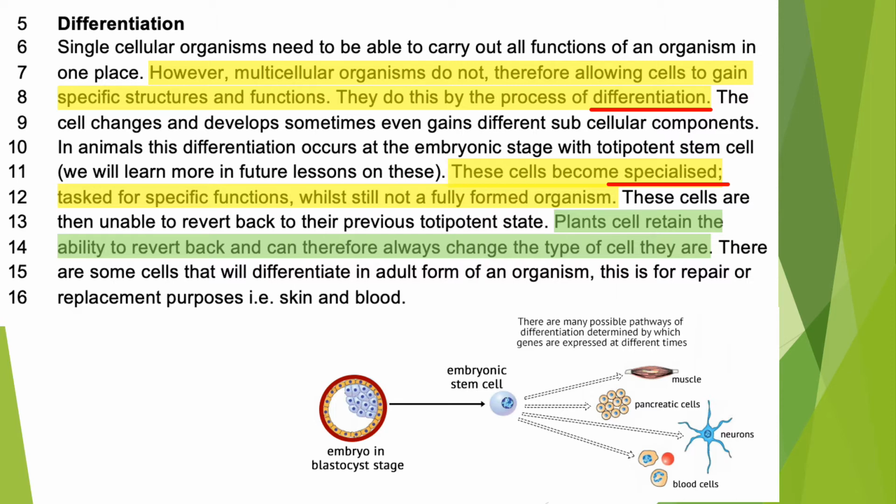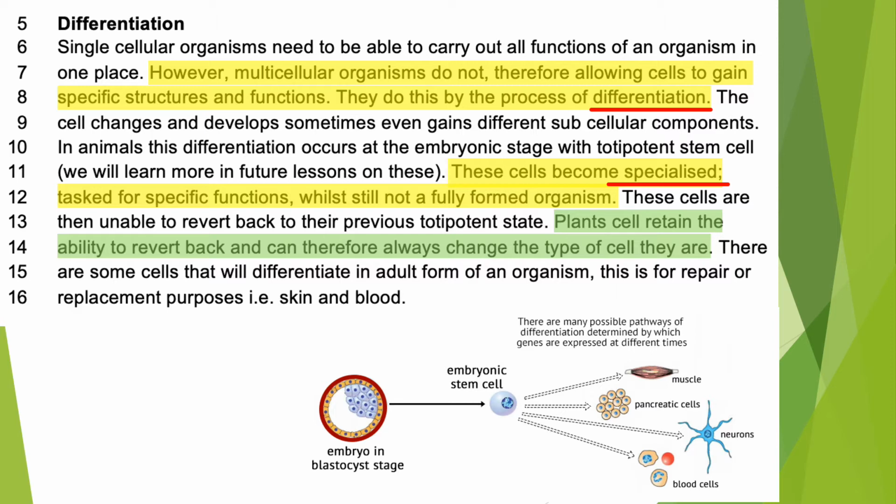I have different types of cells that will only differentiate into new skin cells or blood cells, and these are found mostly in the bone marrow. So if I have a cut or I skin myself, then new cells will come to repair it. And those are adult stem cells, I guess you could call them.